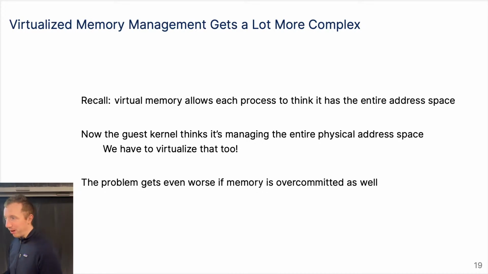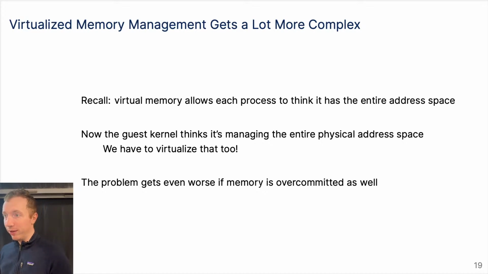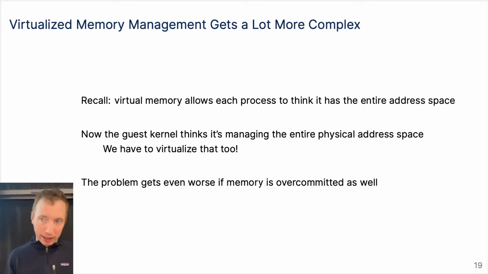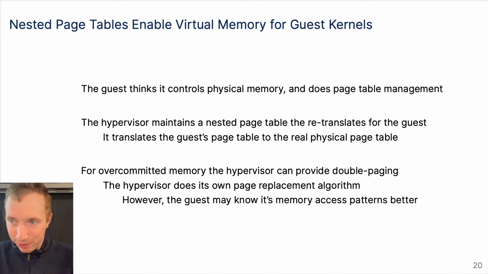This problem is even worse if memory is overcommitted. That means all of the virtual machines use more memory together than there is on that machine. Then the hypervisor has to implement something like paging, the page replacement stuff. If you're doing that, you have to use something called a nested page table.